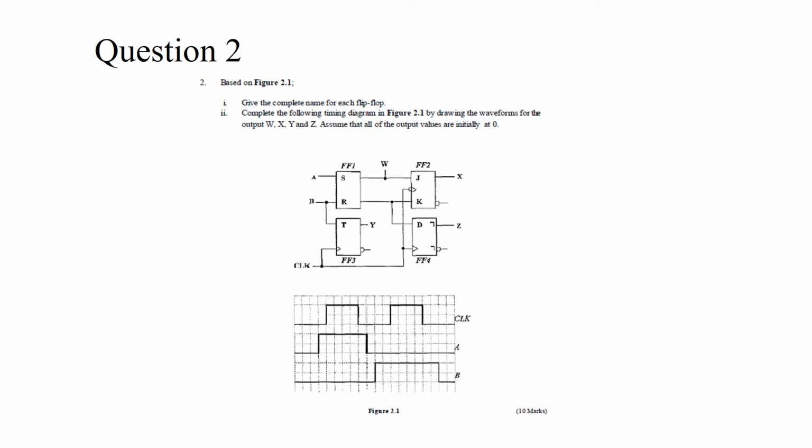Next, we go to question 2. In this question, we need to identify the type of flip-flop and draw the output waveform for W, X, Y and Z. The initial output value we assume as 0.